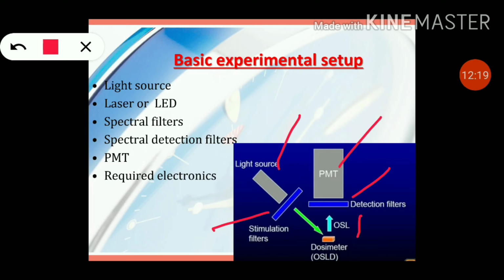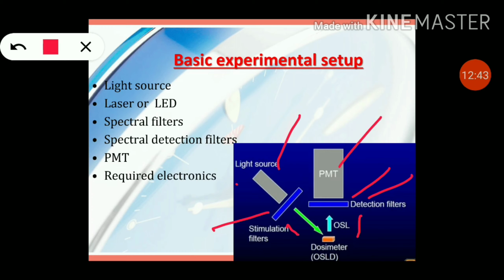The intensity of the stimulation light is much higher than the intensity of the OSL signal. So it is very critical to use the correct spectral filtration in front of the light source.